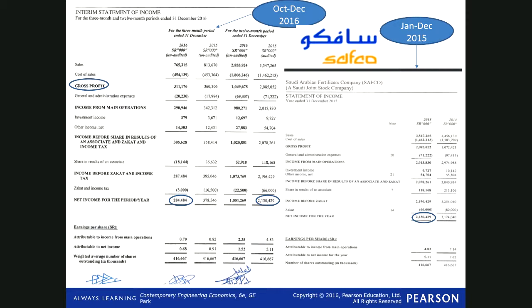There are different formats. If you look at the second column, 2015, this is for the same period last year, right? And the third column, for the 12-month period, is for 2016. This is for a full 1 year. What is the performance of SAFCO in a full 1 year?